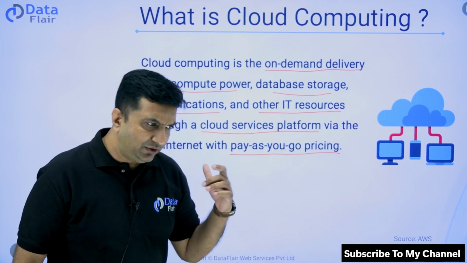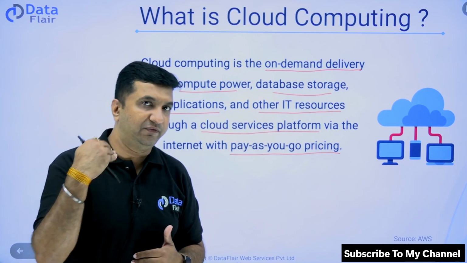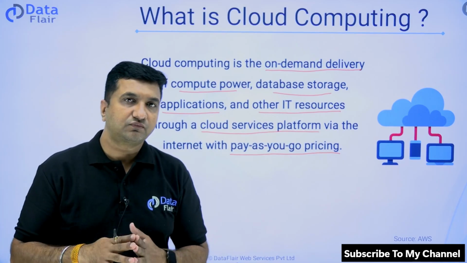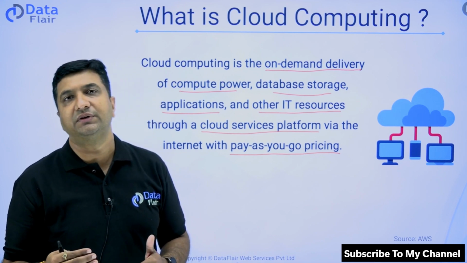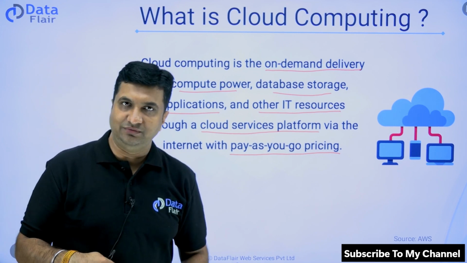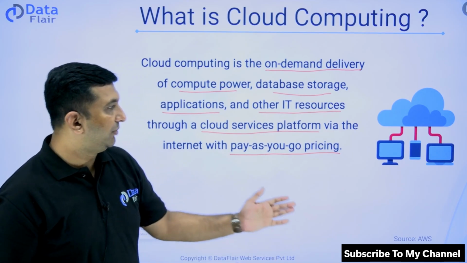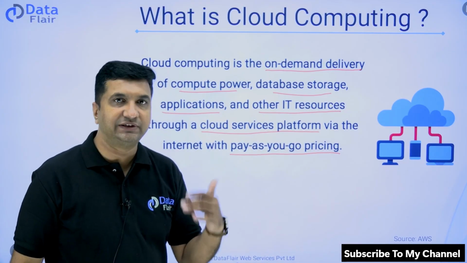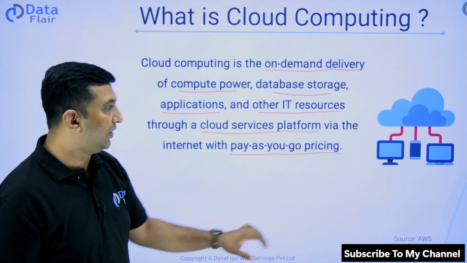When you exceed your limits, when you scale up, then you have to pay for those resources. And when you scale down, let's say now the result time is over, there are not many requests on the university servers, so they can scale down, right? We'll talk about scaling up and scaling down in upcoming slides, but for the capacity that is being scaled up, you just have to pay for that. This is the definition of cloud.